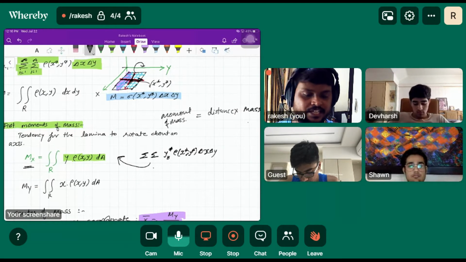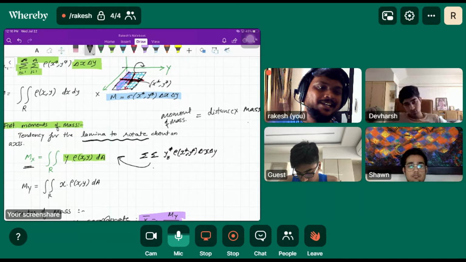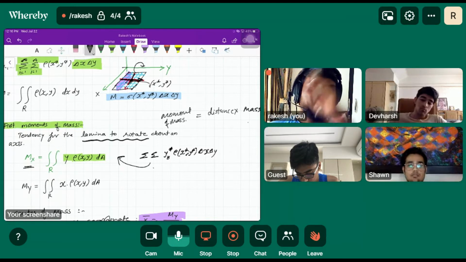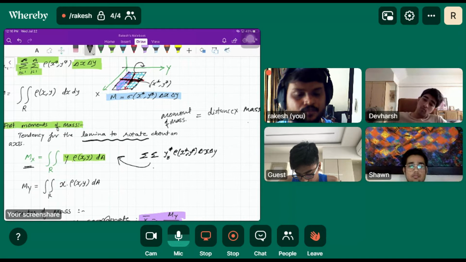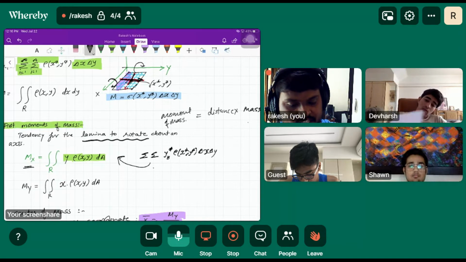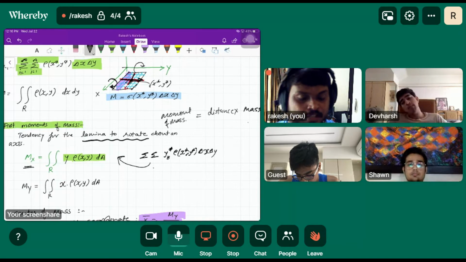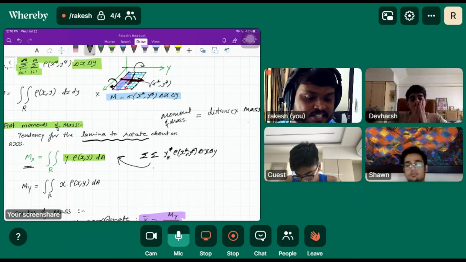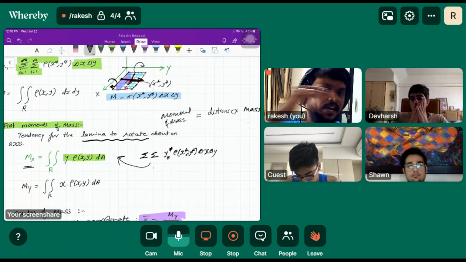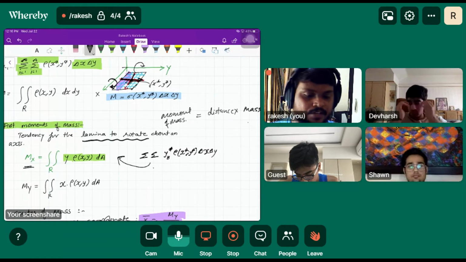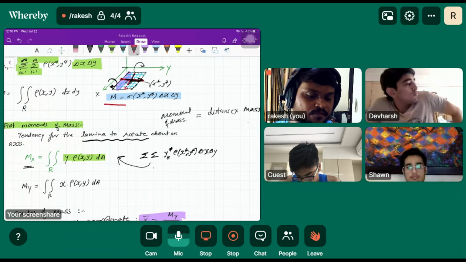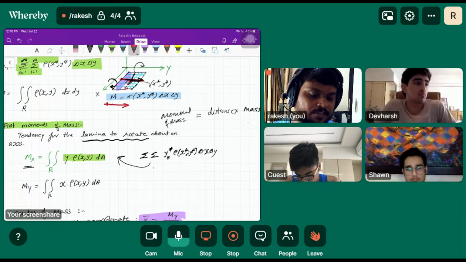Did you notice this line? It's a tendency for the lamina to rotate about an axis. So if we are rotating about the x-axis, the distance is in terms of y. Are you getting that? We are going away from the x-axis, so the distance is in terms of y, the y value.